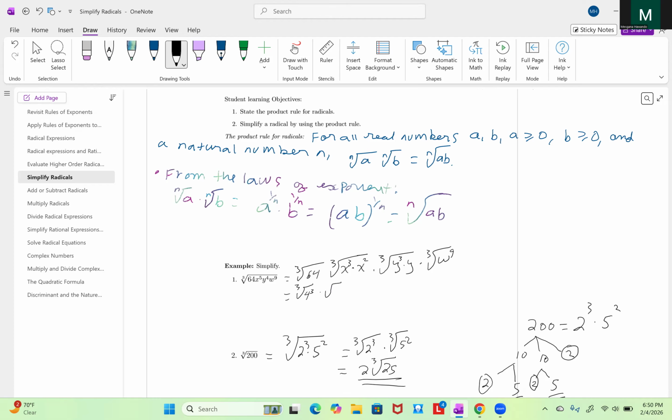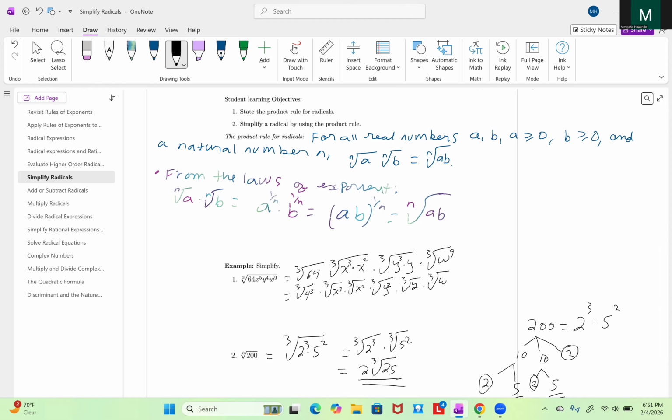Times, we can write the cube root of x cubed times the cube root of x squared times the cube root of y cubed times the cube root of y times the cube root of w to the 9th power, which is w to the 3rd power. Let's leave it as the cube root of w to the 9th for now.